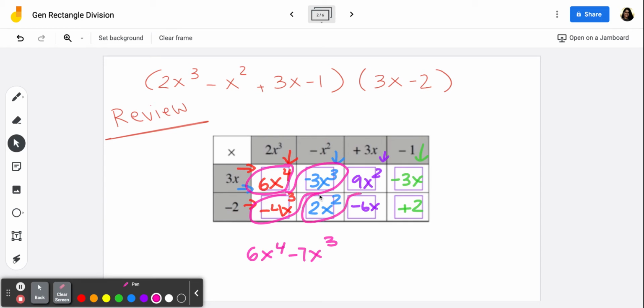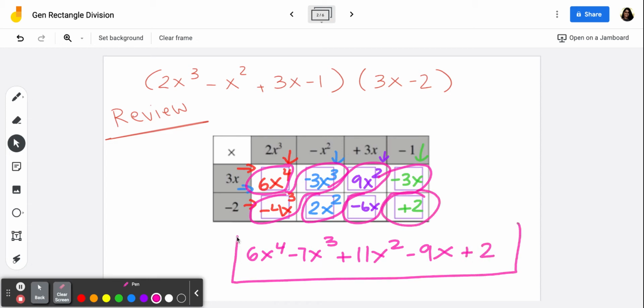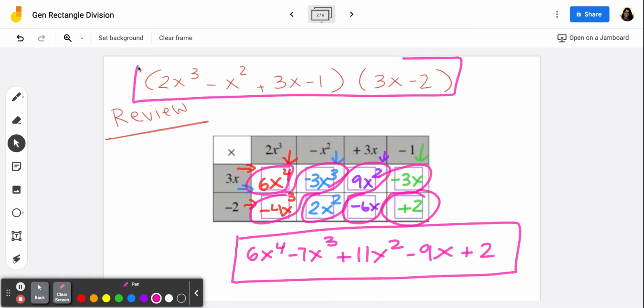These are like terms. We have positive 11 x squareds. These are like terms. Negative 9 x's. And finally, this positive 2 combines with nobody. This is my final answer when I multiply these two together.